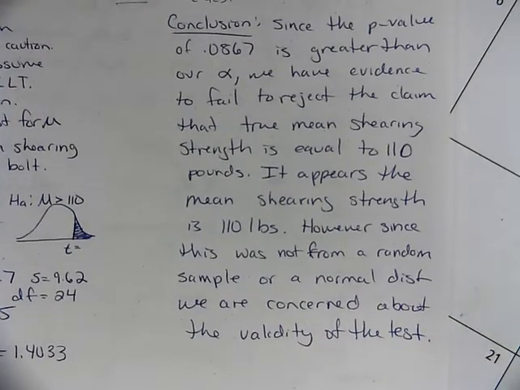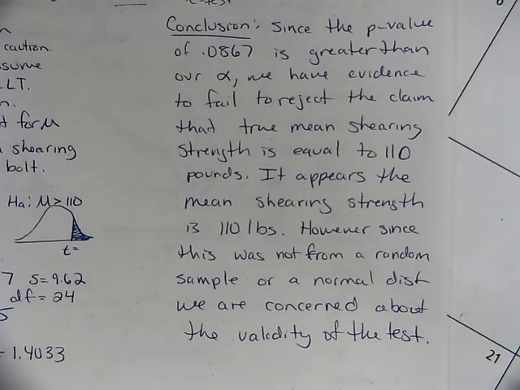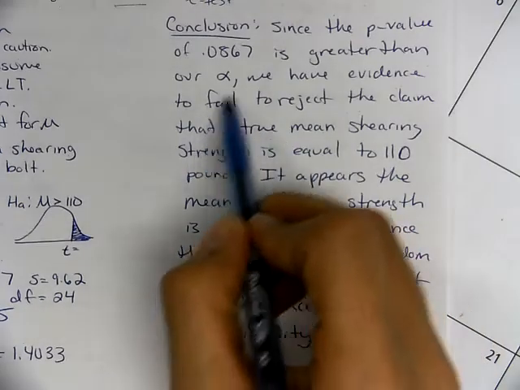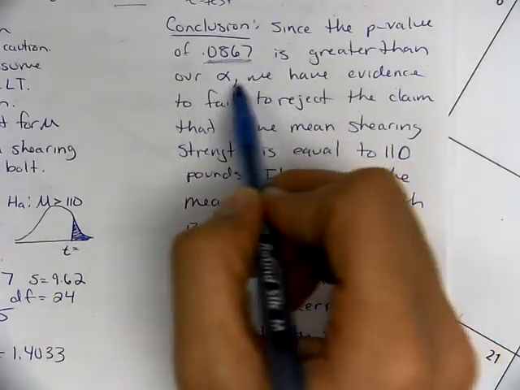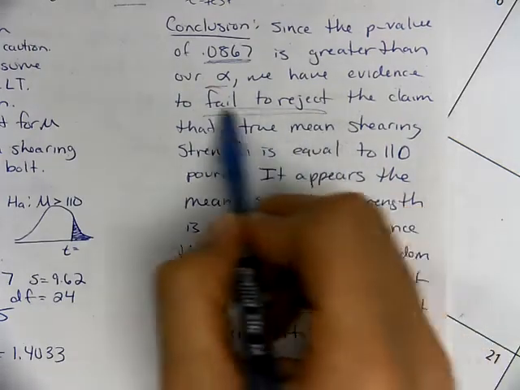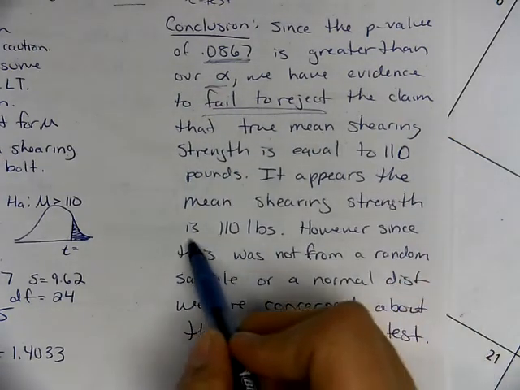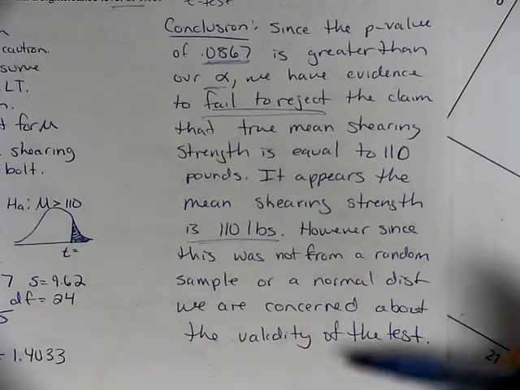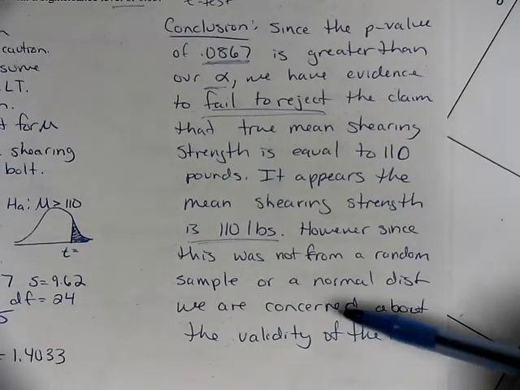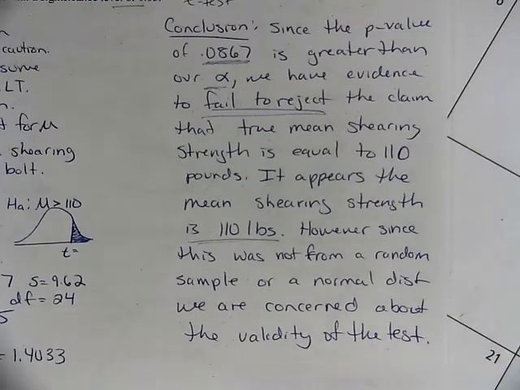That's a lot. So again, the first sentence I'm looking for your p-value compared to your alpha. Do you reject or fail to reject? Second sentence, tell me what it actually is. And then this one shouldn't be necessary on the test or the quiz. Okay, questions on means.